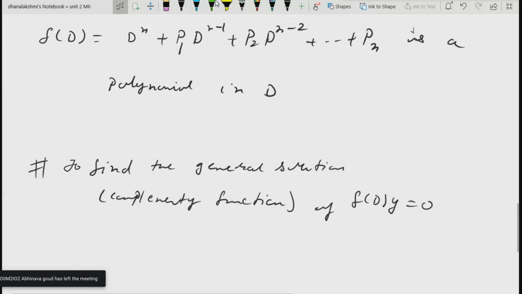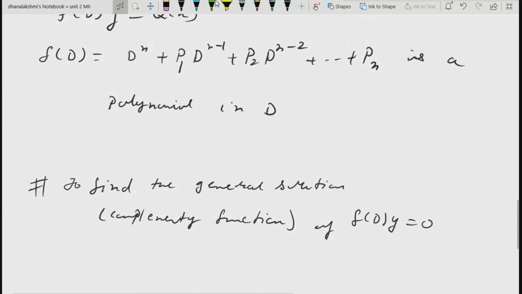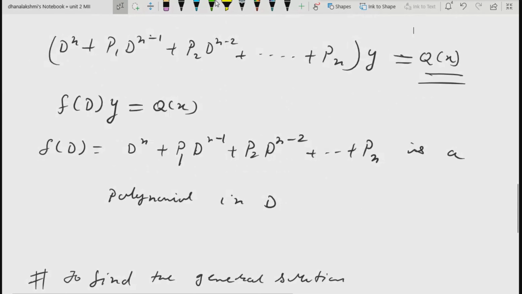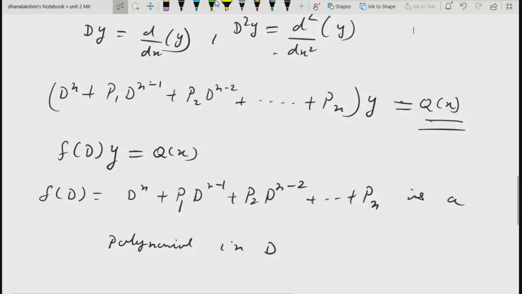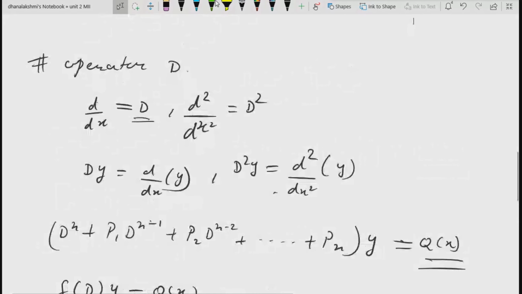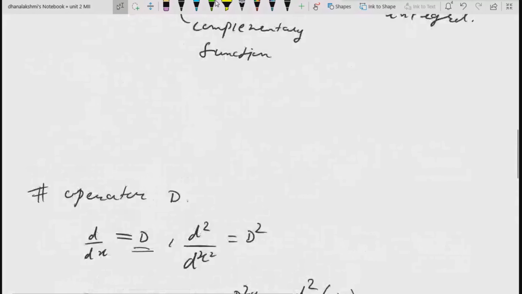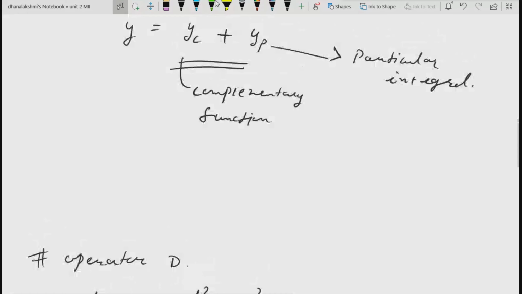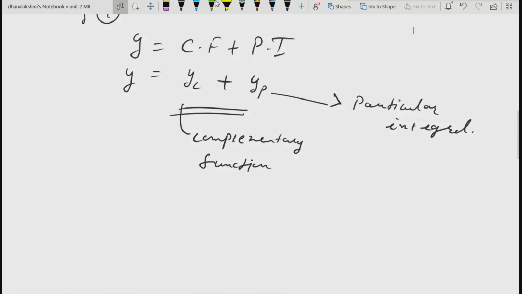while talking about the solution, we said that the complete solution of this one is given by y = CF + PI. Is it or not? Yes, ma'am. Okay. These two parts: if you have a linear differential equation with constant coefficients, the solution will contain two parts, complementary function plus particular integral.